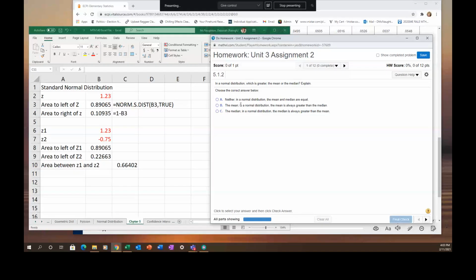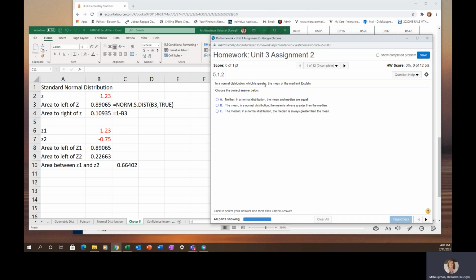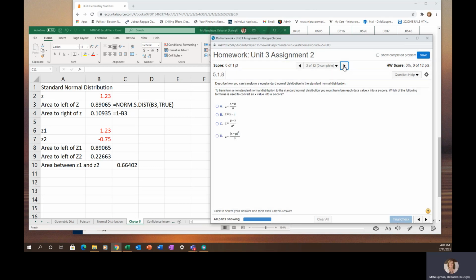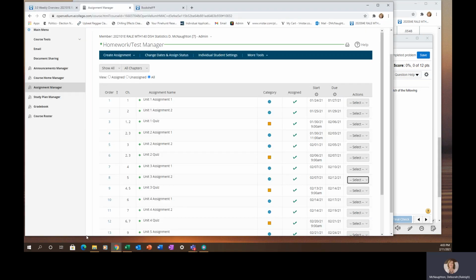All right. The first one asks which is greater, the mean or the median. That's from the text. How can you transform a non-standard normal distribution to a standard normal distribution? So let me go back to my text.